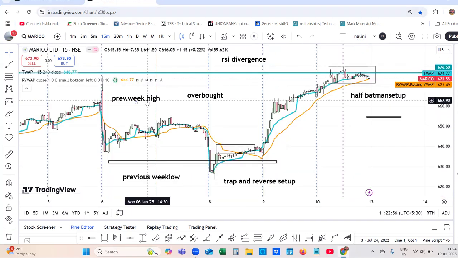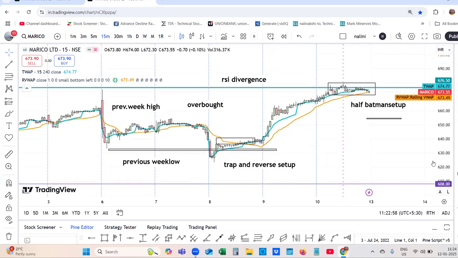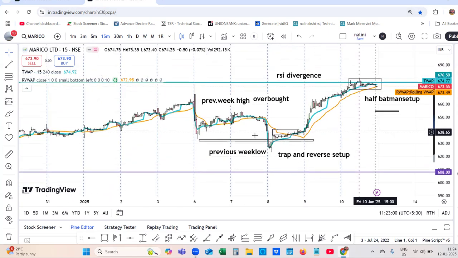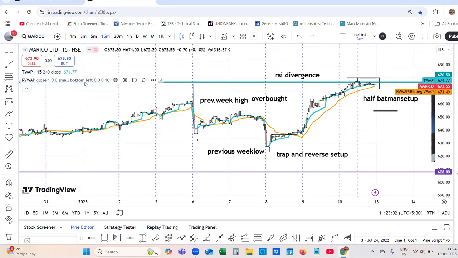Coming to the next, here, you can use the time-weighted average price. You can see over here, the time-weighted average price crossing above the rolling volume weighted average price. Okay.